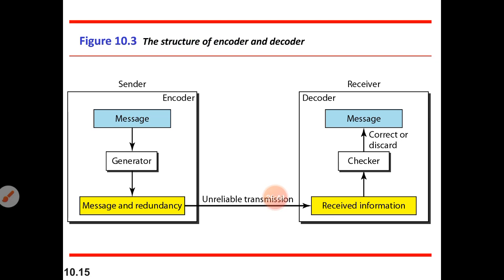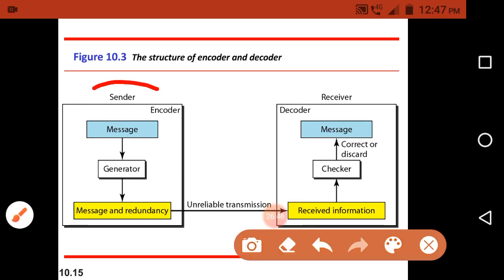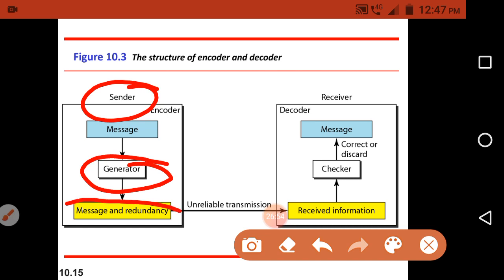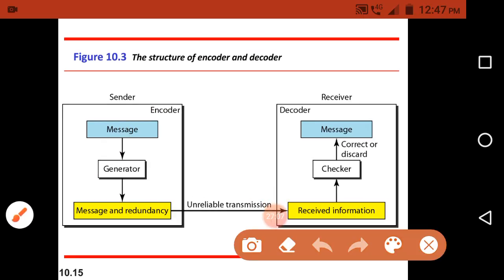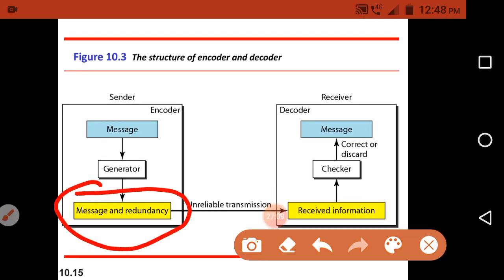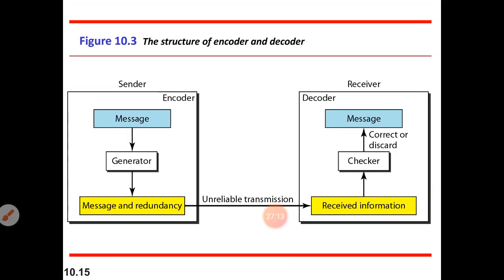The sender uses the generator to create the code word. A code word is nothing but a combination of the message and the redundancy. So that is the meaning of that particular sentence.